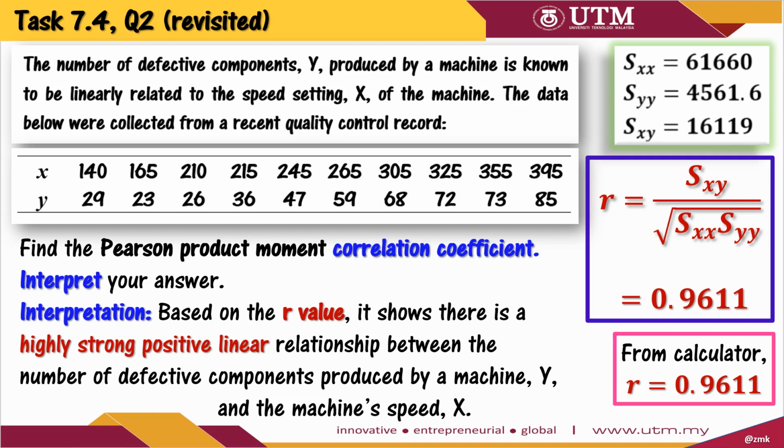Another point to remember, since R measures a linear relationship between two variables, the word linear must be clearly stated in the interpretation of R, in addition to the strength and direction of the relationship.